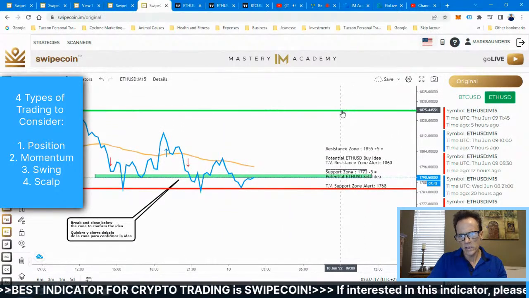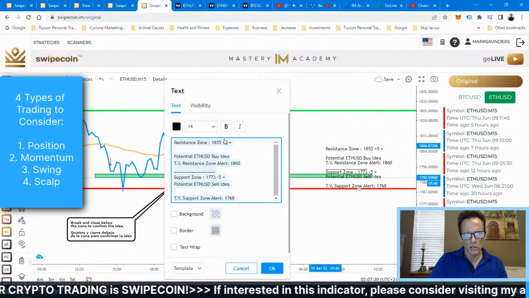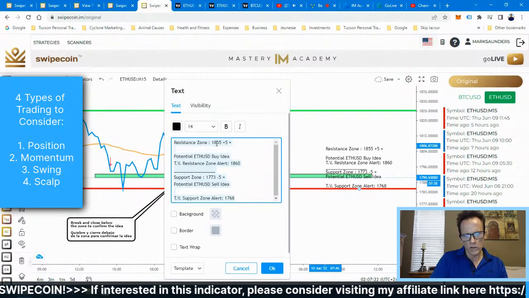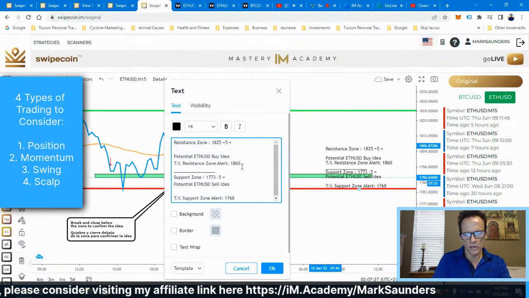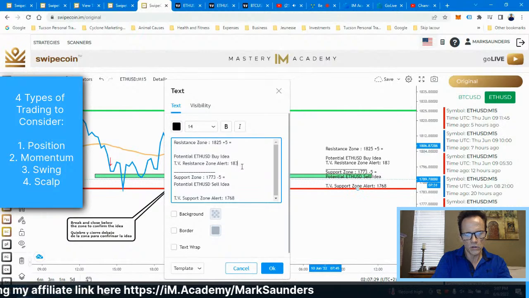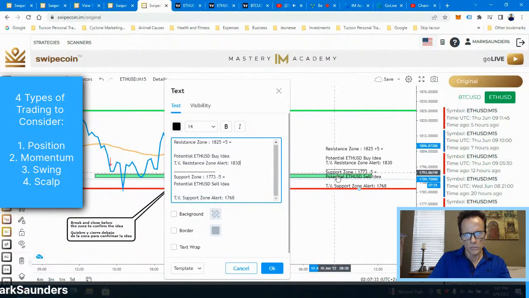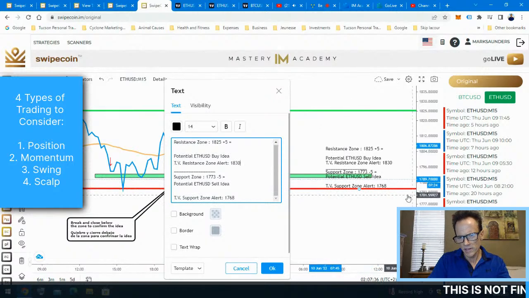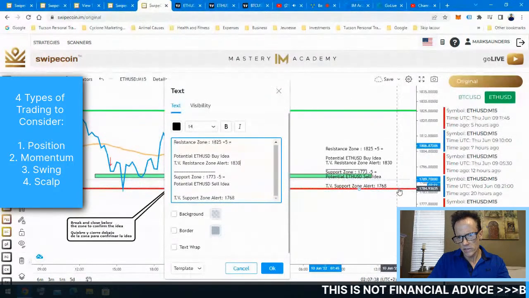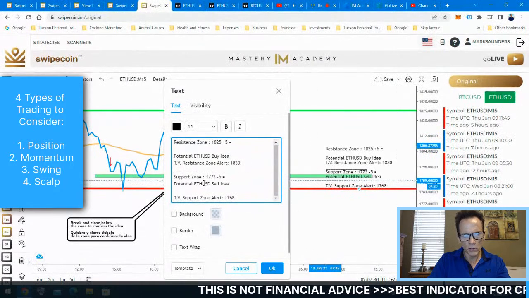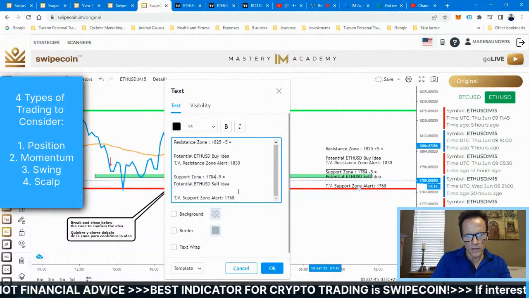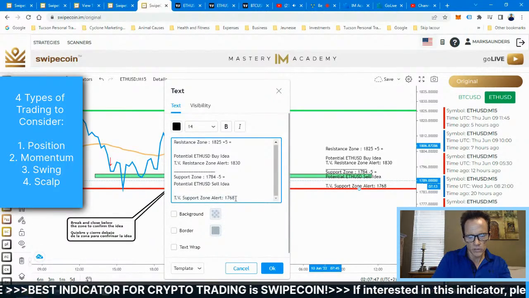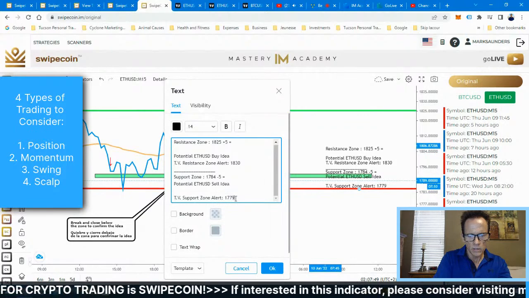So we said 1825. And he gives us 5 as a range, so 1830. Okay, and then support zone, what do we say? 1784, minus 5, the alert's going to be 1779.